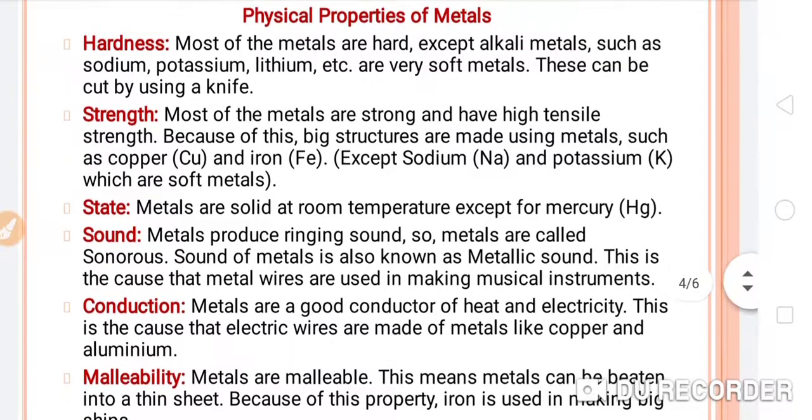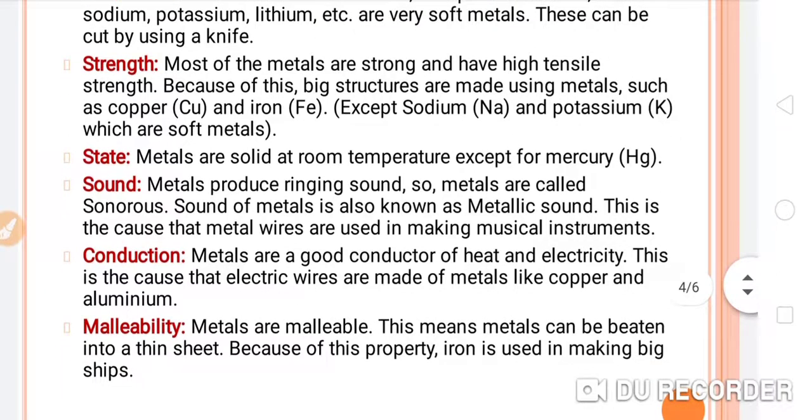Now strength. Most of the metals are strong and have high tensile strength. Because of this, big structures are made using metals such as copper and iron, except sodium and potassium, which are soft metals. Now state.